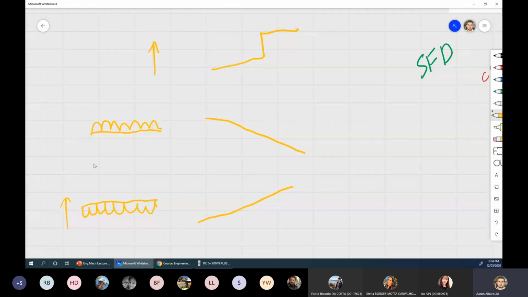The direction there is positive, upward. This direction is negative. So far, the shape will tell me the shape, the direction will tell me the sign. Here, that's a negative sign, that gave me direction downward. That's a positive sign, that gave me direction upward.